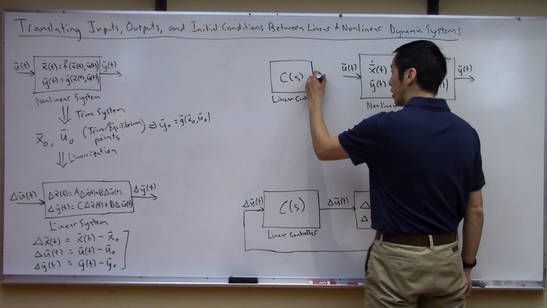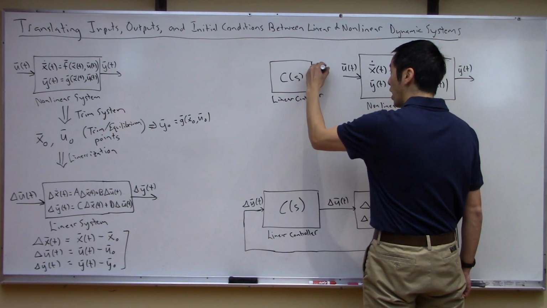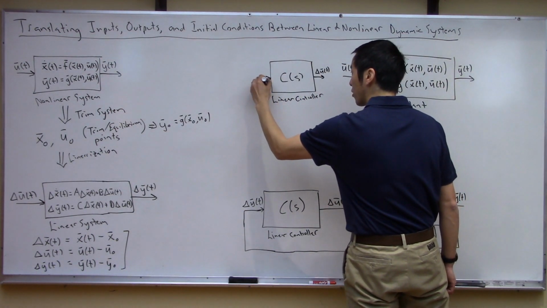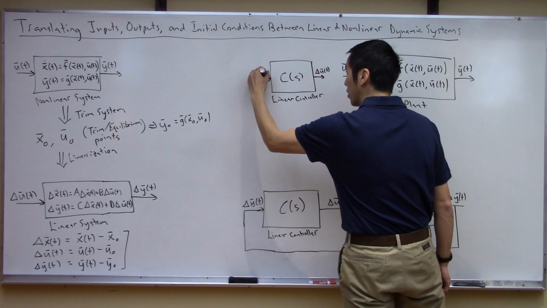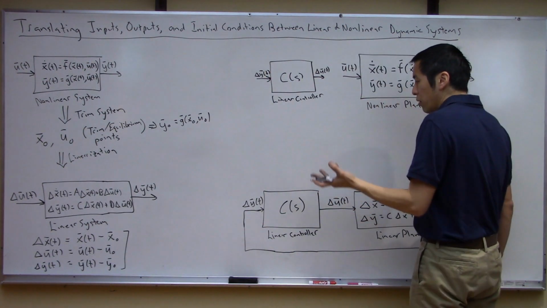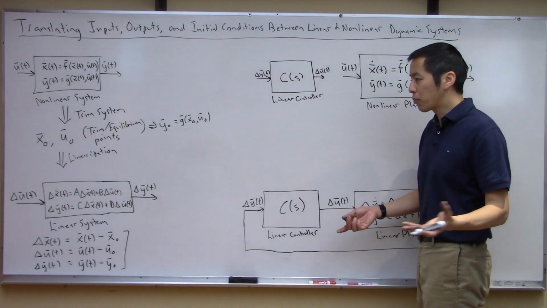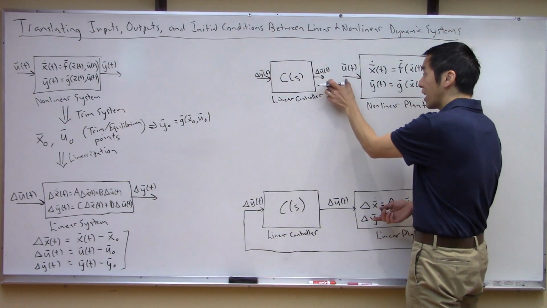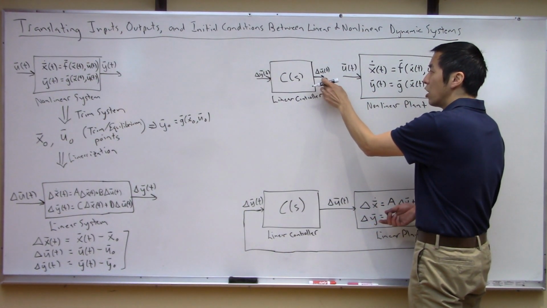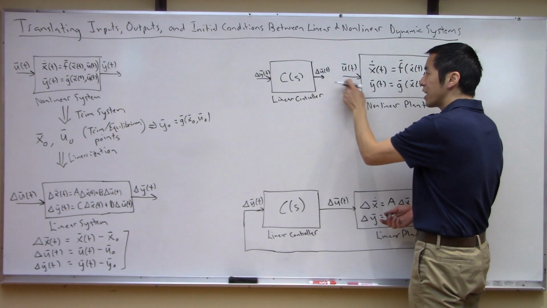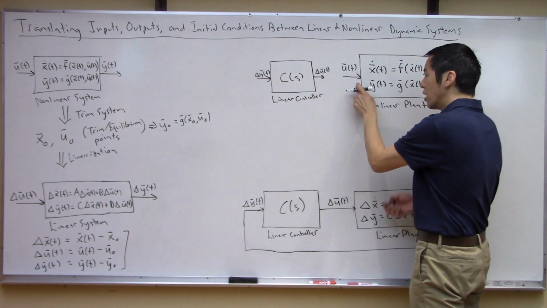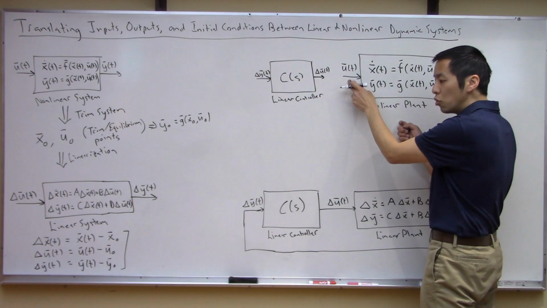Except now we know that coming out of this is delta u, and what it expects is delta y. Right? So now we can basically use those scenarios we talked about previously to get these signals lined up. So you can see, don't be silly and directly connect this line. This is delta u. The nonlinear plant is expecting u, right?